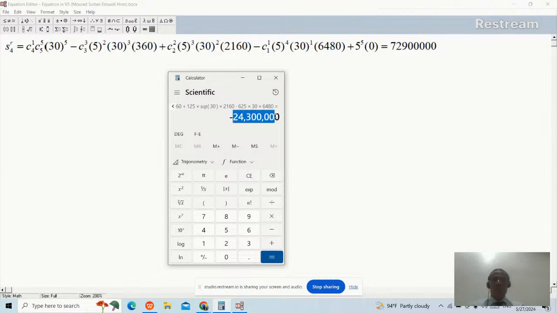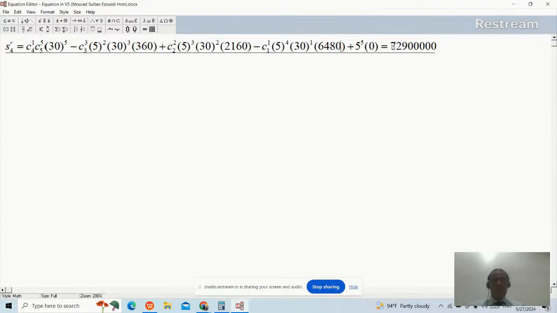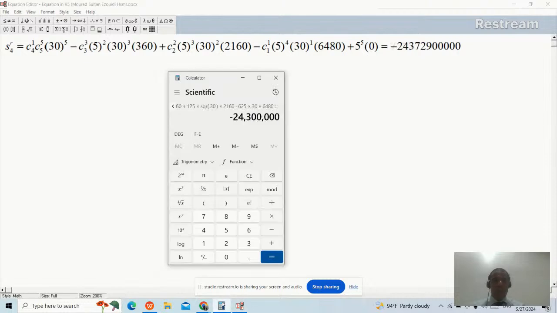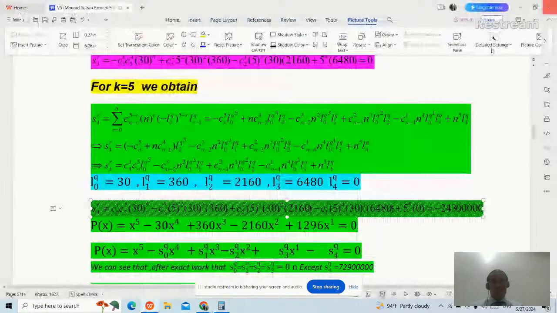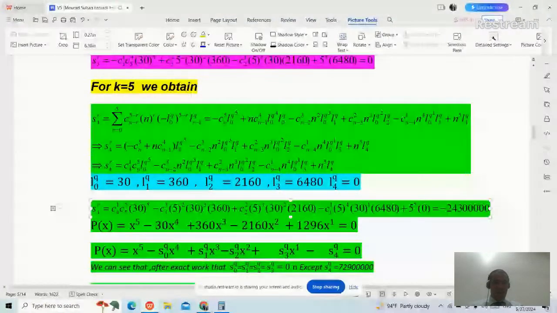So just write equal, of course, negative 243. I'll check. Negative 243,000, 1, 2, 3. Okay, good. Now learners, I will come here to solve this.